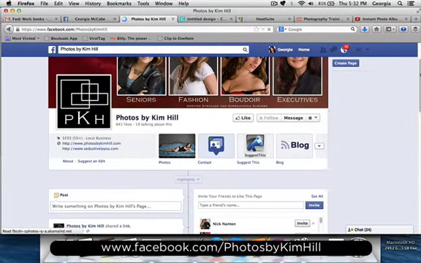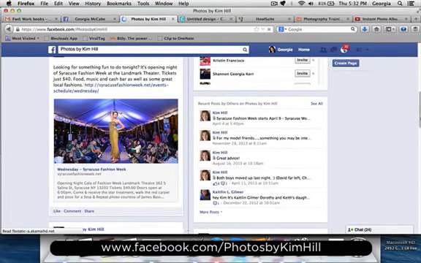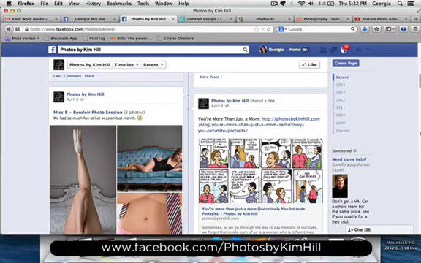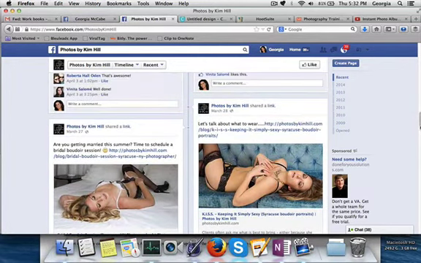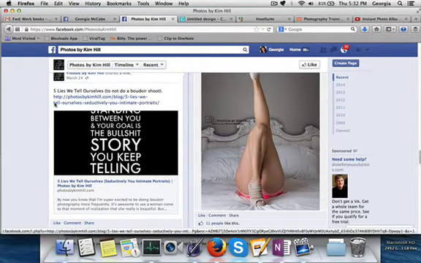And I have to say that Kim has absolutely done a fabulous job on her page. She posts regularly. She has articles that she's written that she drives back to her blog posts. She just uses techniques like 5 lies we tell ourselves to not do a boudoir shoot.